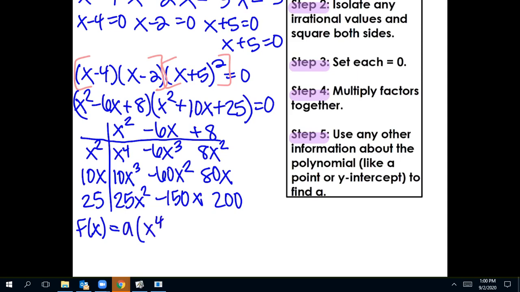X to the 4th plus 4x to the 3rd, and then we have minus 27x squared minus 70x plus 200. So I put that a in the front because we don't know what value is in the front being multiplied by everything. And so use any other information about the polynomial like a point or y-intercept to find a.